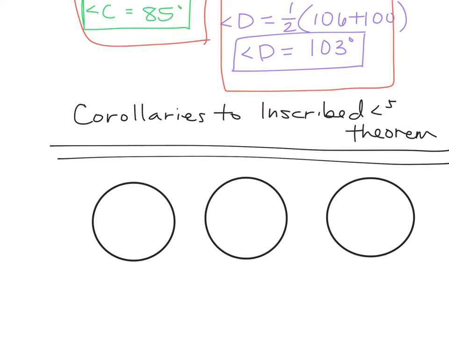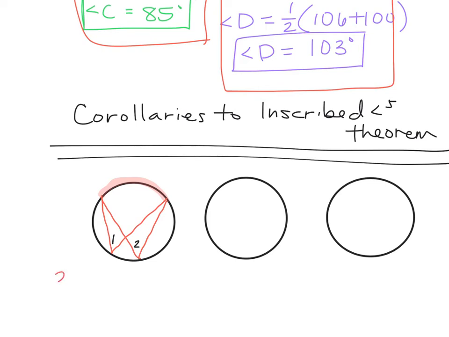All right, so the first one, the picture looks like this. We're going to call this angle 1 and this angle 2. And notice our arc here. Okay, the corollary says if 2 angles open to the same arc, what's true about those angles? They're equal. Those angles will be the same, okay?